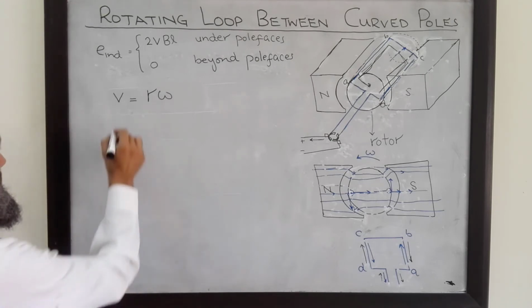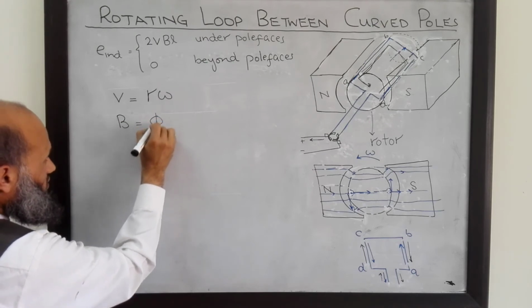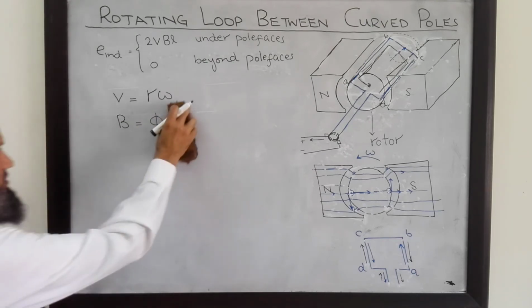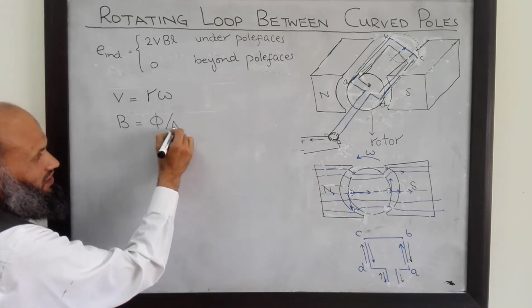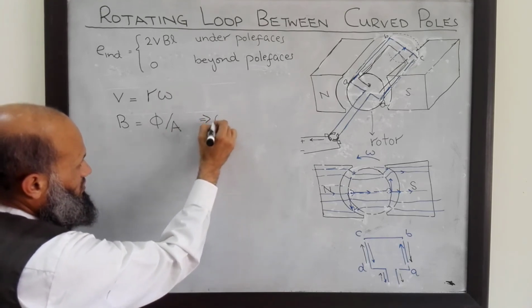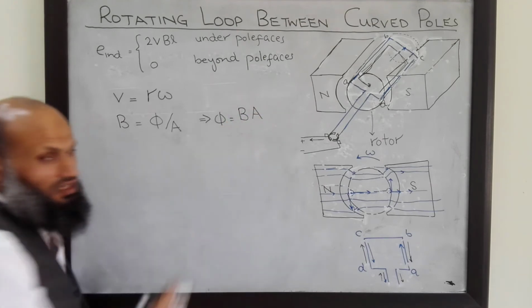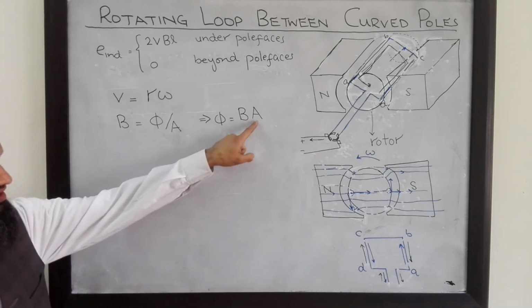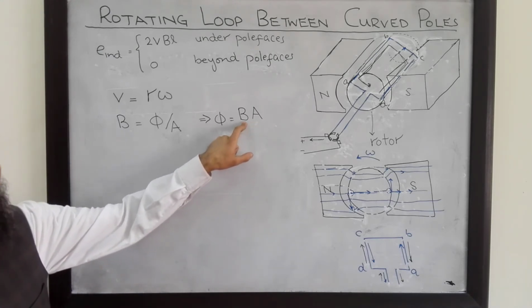And we also know that B is equal to flux divided by perpendicular area. This can also be written in this form: flux is equal to B multiplied by A. Remember that while using this relation, this area has always to be taken as the area perpendicular to flux lines.